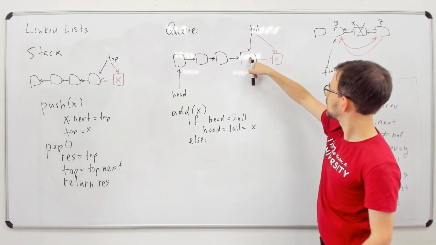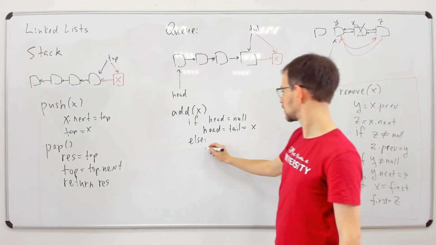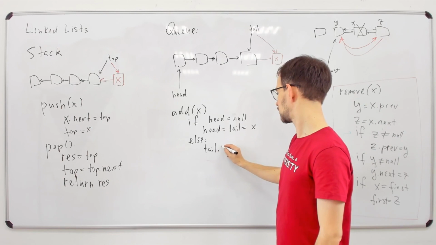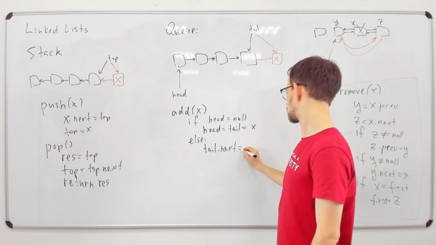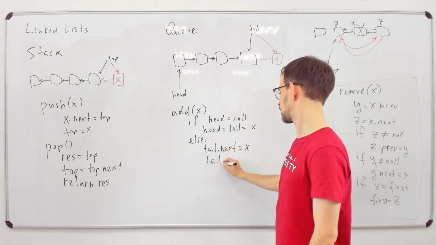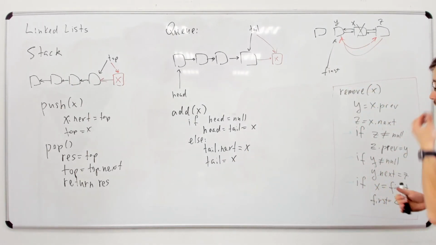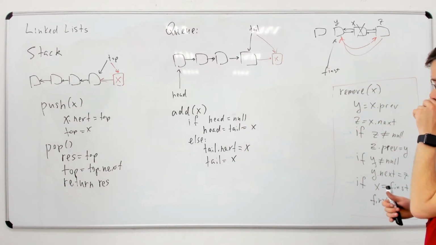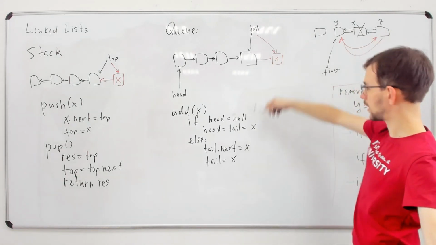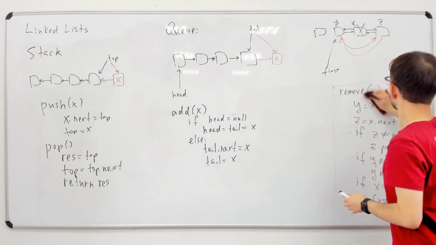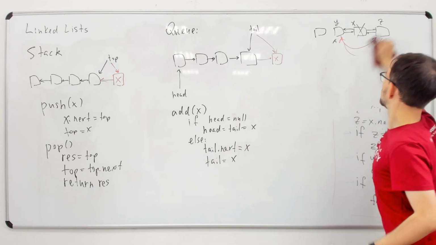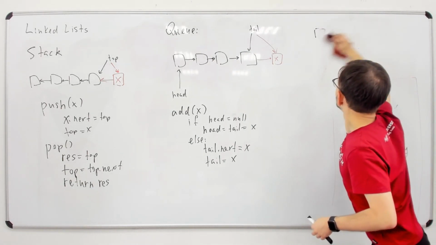So we say from tail equal to x, tail next to x, and tail equal to x. Looks fine. That's how you add a new element to the queue. How do you remove an element from the queue?